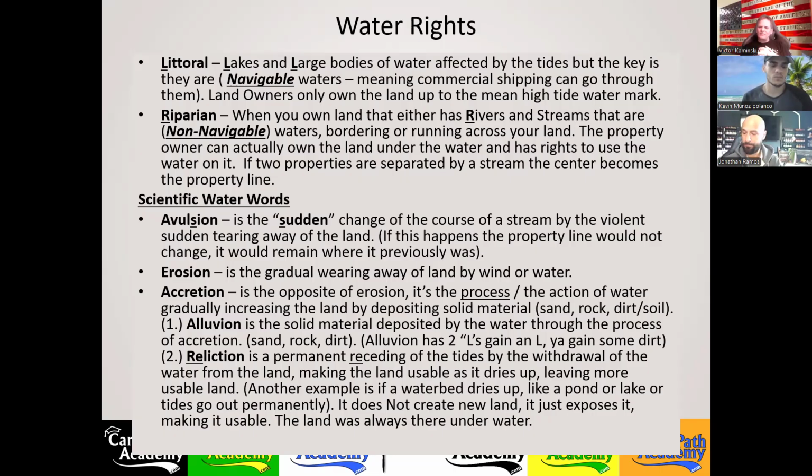So the water, instead of wearing away the land, deposits additional solid material, that solid material being the sand, dirt, rock, etc. And what do we call that solid material, that sand, dirt, rock, or soil that was deposited by the water? It's called alluvion.